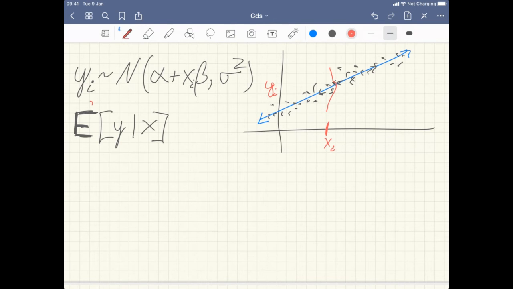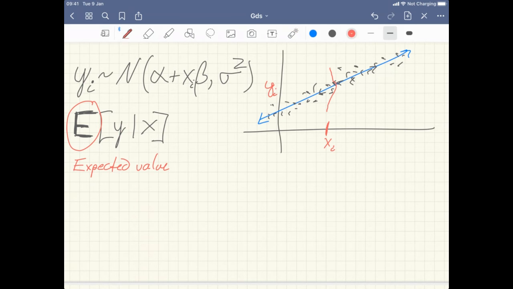So this is called the expected value. And you can kind of think of it as an encouragement to take an average or describe somehow your best guess of the thing that's on the left here.